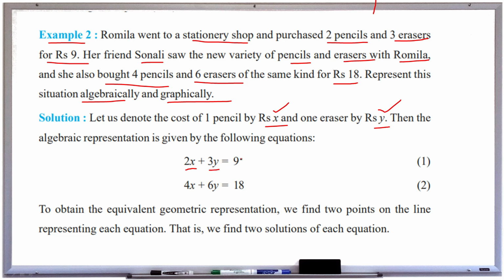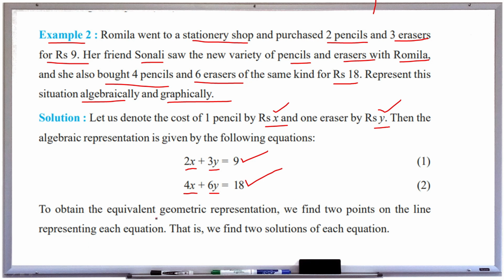Total cost is 9 rupees. So 2x plus 3y is equal to 9, one equation. Another one, her friend also purchased, how many pencils? 4 pencils. And how many erasers? 6 erasers. She paid 18 rupees. So we are getting 2 linear equations in 2 variables.